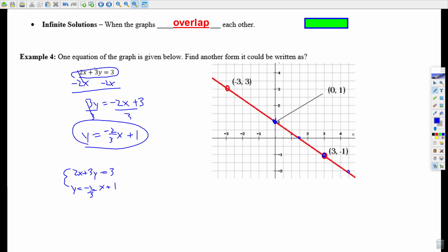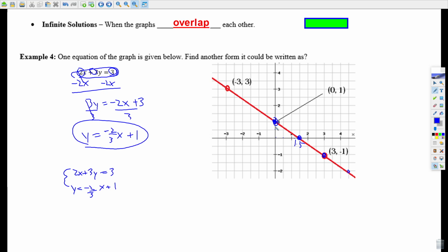Now, if we go back to the original here, this should also be the line for that equation. If you look at, say, the x and y intercept, remember the shortcuts, that would be c over a, 3 over 2. That's 1.5 right here. And the other one would be c over b, 3 divided by 3. So the y-intercept is 1.